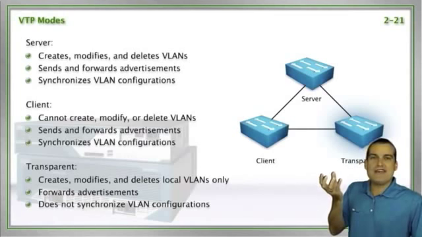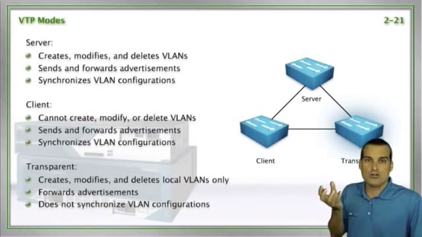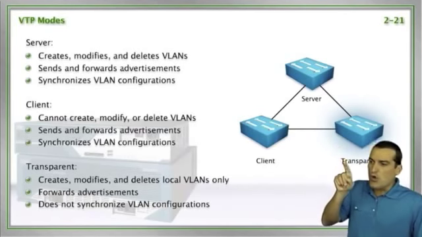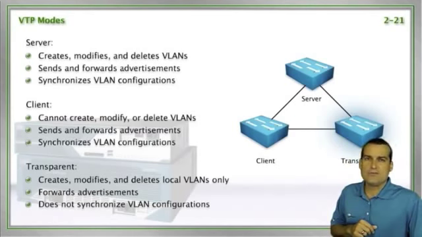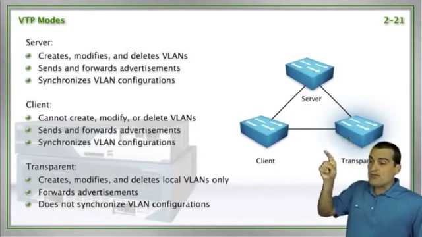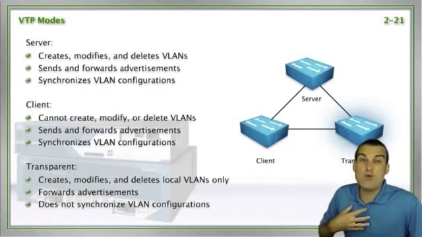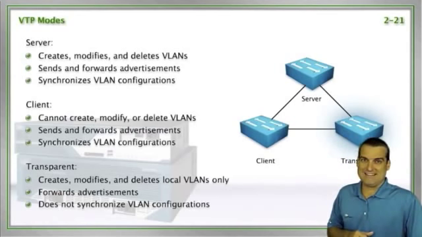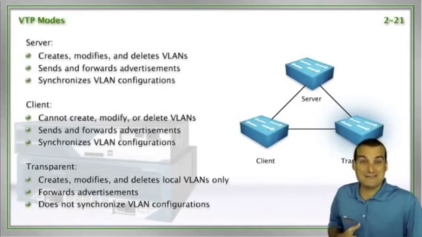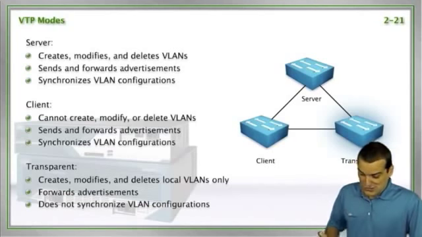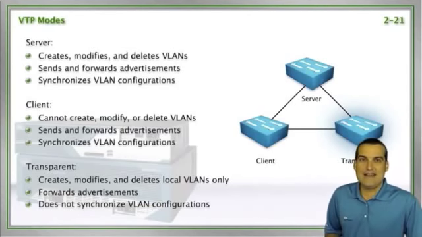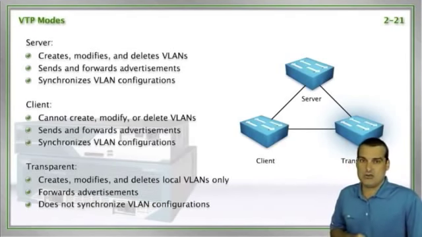All that information is going to stay local. It will ignore updates from the server. It will pass them through to clients, but it won't do anything with the updates. The transparent device is very stubborn. It'll just look at its own VLAN database and not sync to a server's. Pretty interesting.